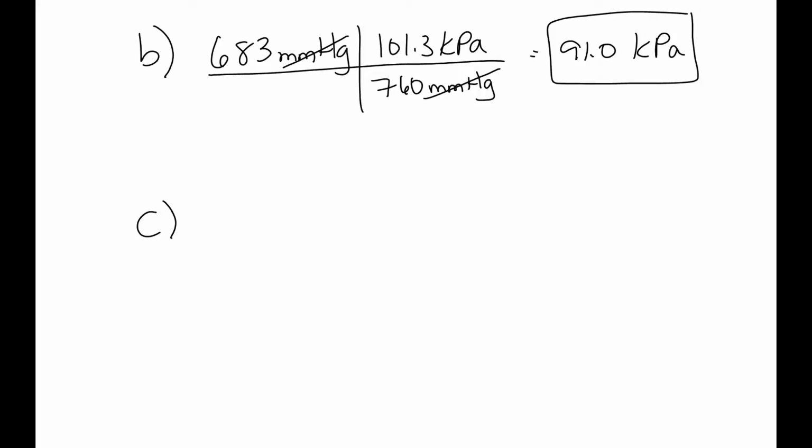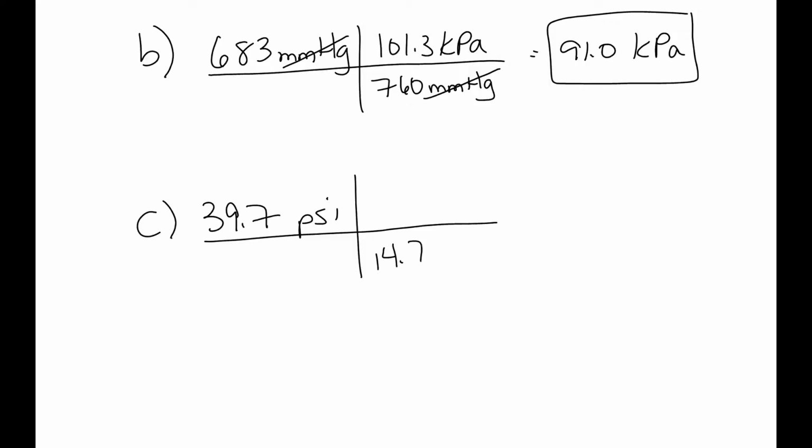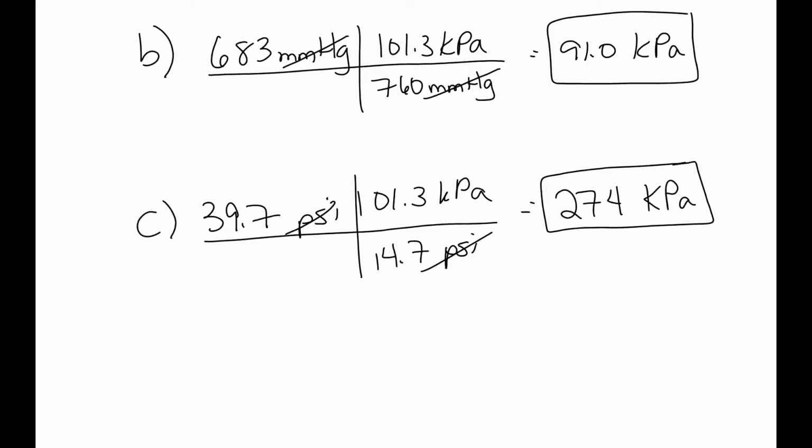And then C, 39.7 PSI. So we put the 14.7 PSI on the bottom, 101.3 kPa, and we get 274 kPa. Okay, hopefully you guys can handle all the pressure conversions.